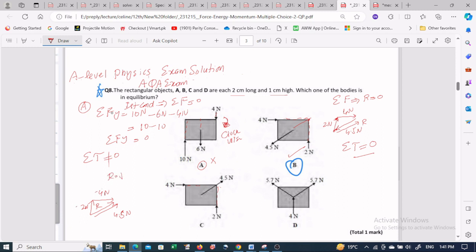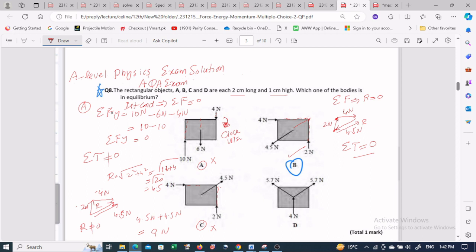The resultant is the square root of 2 squared plus 4 squared, which is 4 plus 16, the square root of 20, which is about 4.5. So R is also 4.5, this third force is also 4.5, and our resultant will be around 9 Newton. It's not equal to 0, so option C is also wrong, because it does not satisfy the first condition of equilibrium.